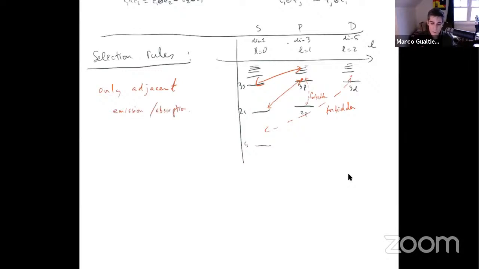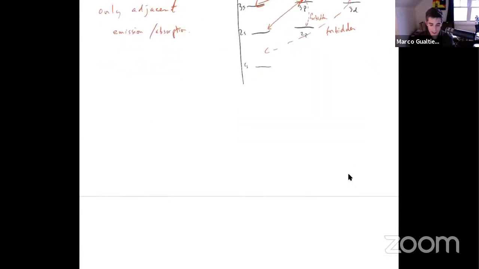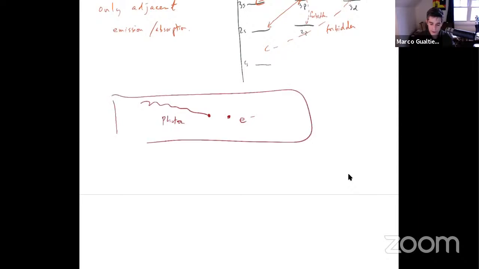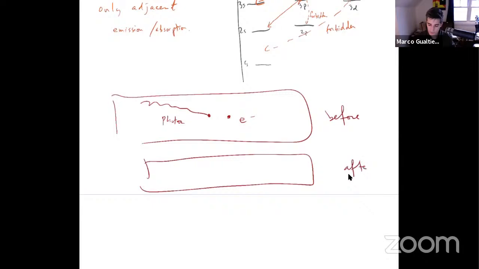And the reason for this, if you remember what I was saying, is that when the photon comes in and intersects the electron, this is before, and then after. This electron is in some state, and then at the end you have only an electron, but it might be in some other state.